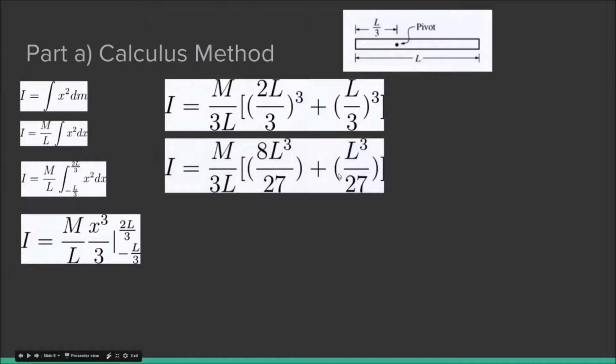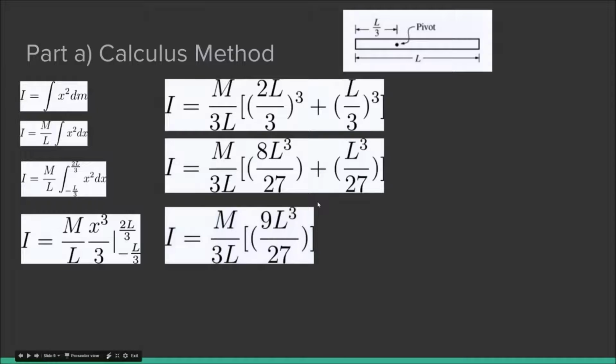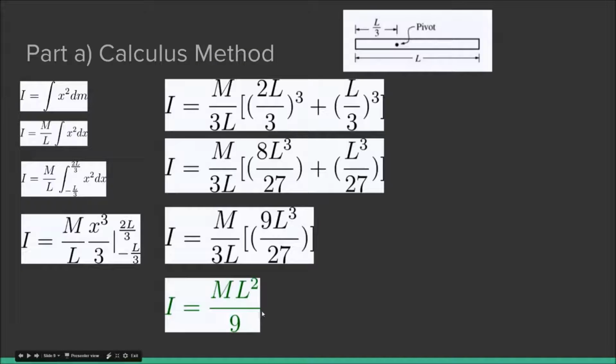Solving that out, or cubing both of those, gives you 8L cubed over 27 plus L cubed over 27, which will give you 9L cubed over 27, which multiplying by m over 3L will give you mL squared over 9, which is the correct answer, and the same answer we got in the parallel axis theorem method.